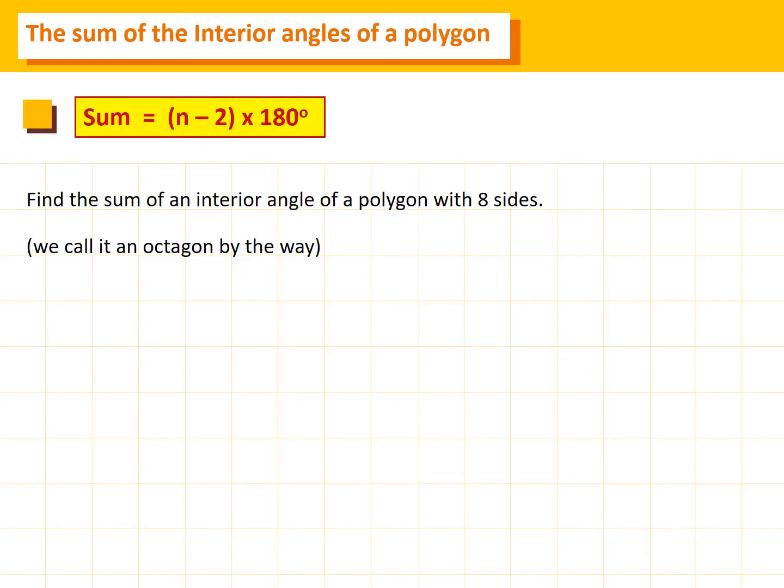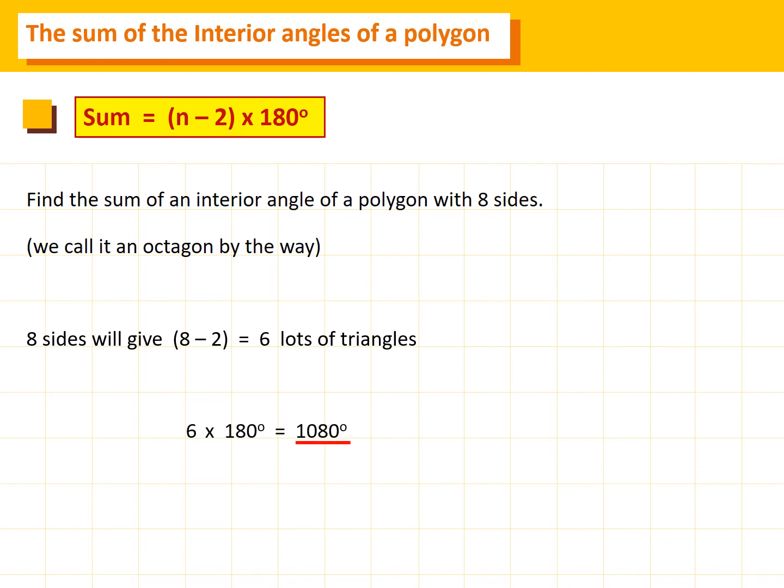So armed with this new fact that the sum of the interior angles is n subtract 2 lots of 180, where n is the number of sides, if my polygon has 8 sides, then if we subtract 2, that'll be 6 lots of triangles, that'll be 6 lots of 180 degrees, and that gives us a total of 1080 degrees.